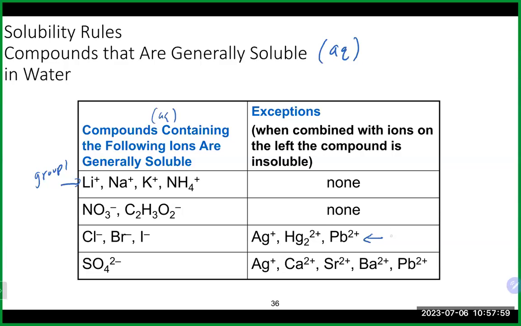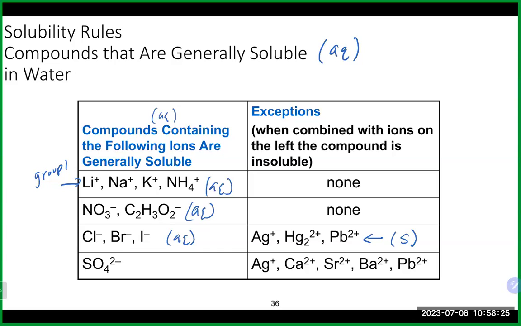If it happens to be one of those with chloride, bromide, or iodide, it would go from being aqueous to being insoluble, which means that you would make a solid, and it would get the solid symbol in that case. So none of those guys on the right, these will be aqueous. Anybody on the left there makes it insoluble, which would be a solid.